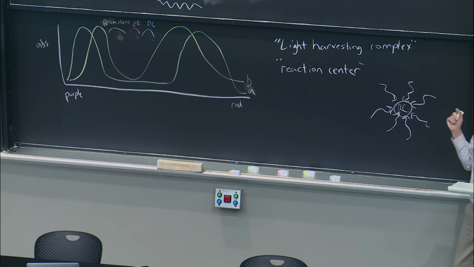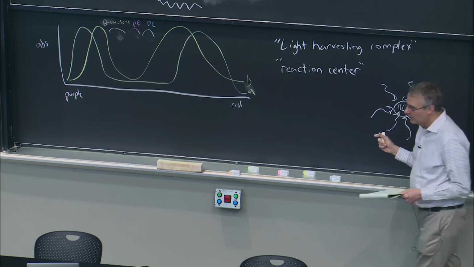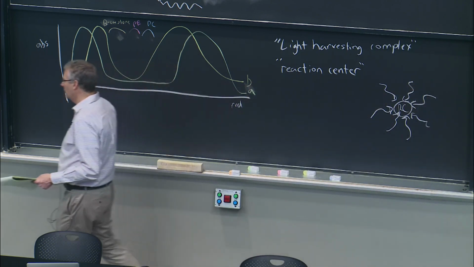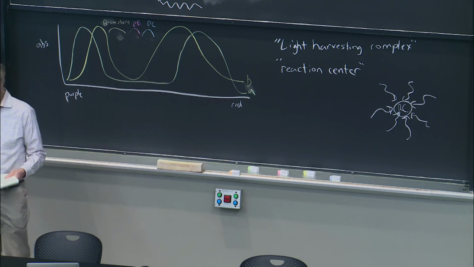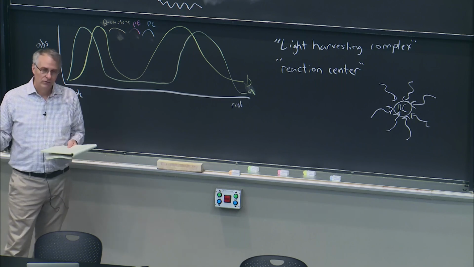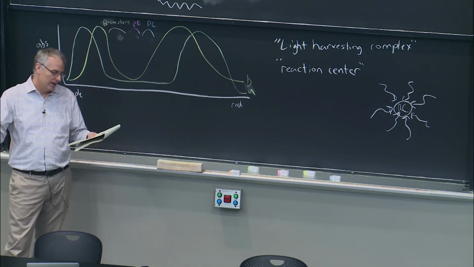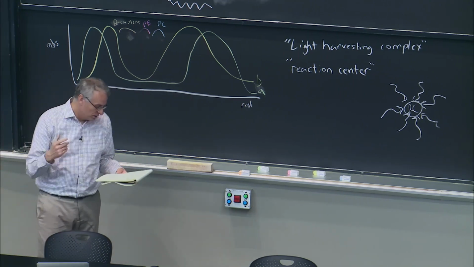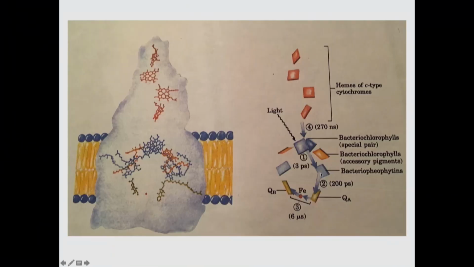So what happens at the reaction center is pretty well understood from the structure of the photosynthetic reaction center that was solved about 30 years ago in the purple photosynthetic bacteria, and this is very illustrative for how it works. And so if you look here at the slide, this here is basically a graphical representation of what that reaction center looks like.